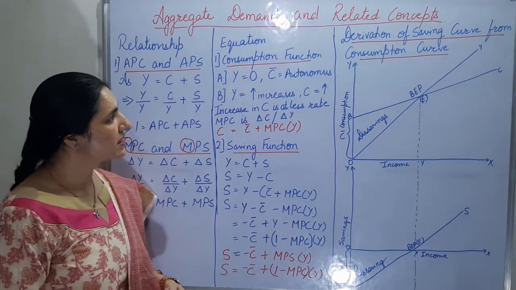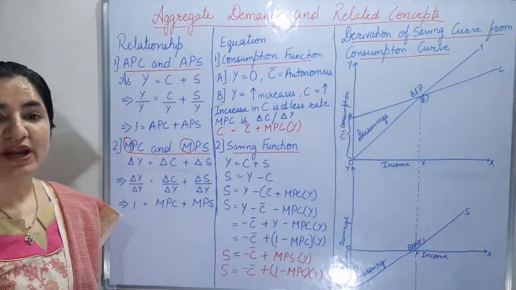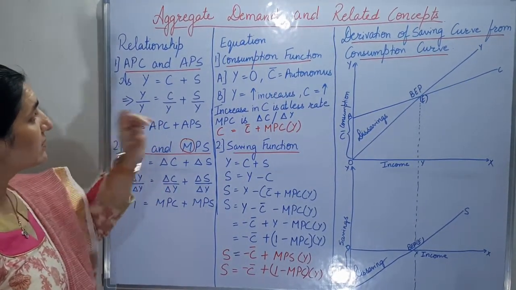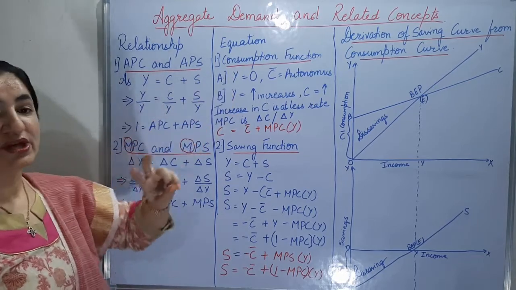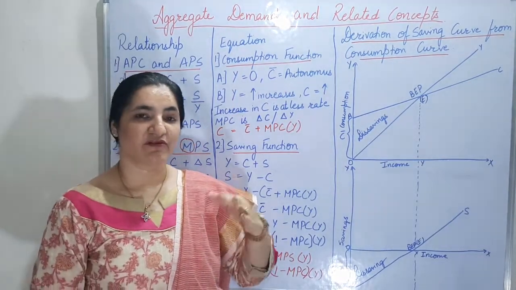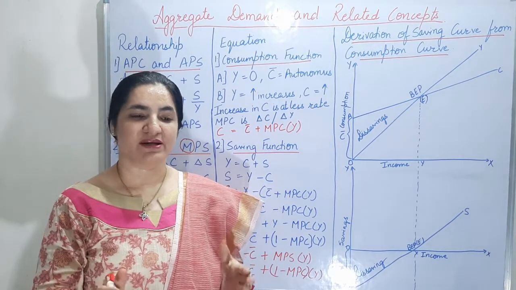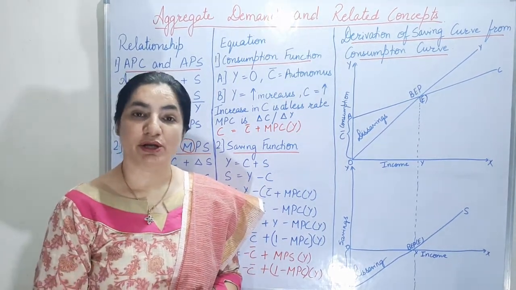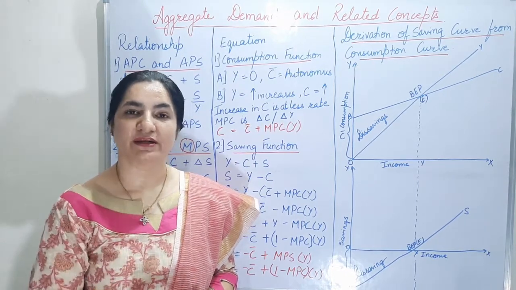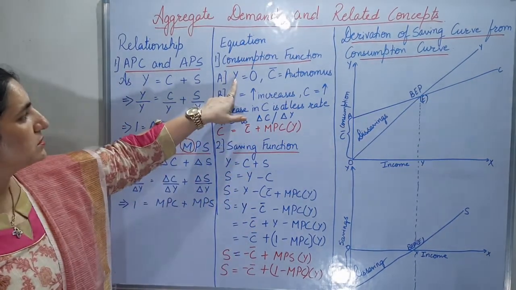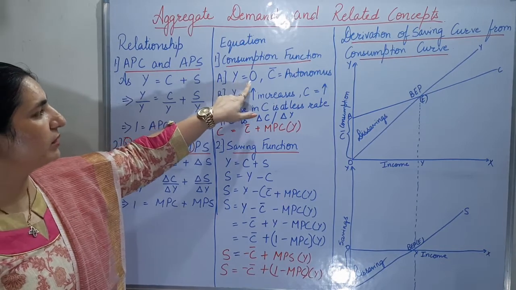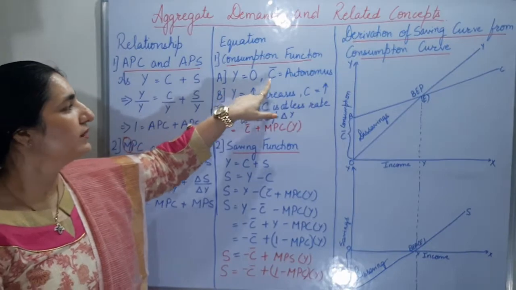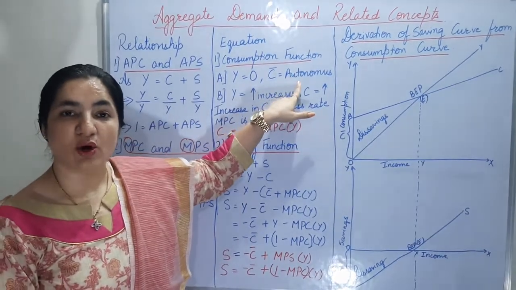Now let us understand how to derive the consumption and saving equations. First, let us see the consumption equation. Consumption has two parts, as we have read earlier. One part is autonomous, and the other part is the induced part which increases with increase in income. When Y is equal to 0, that part of consumption is the autonomous part.